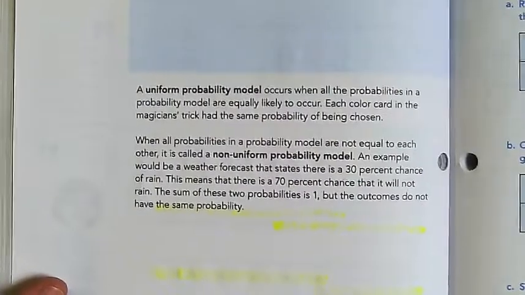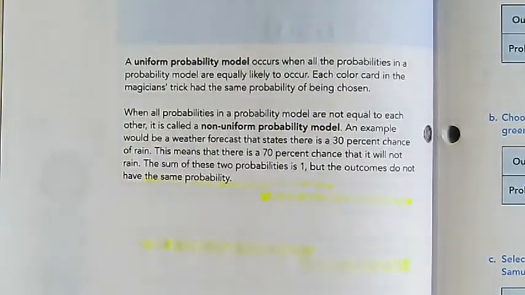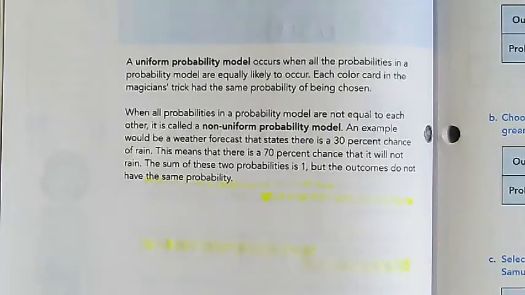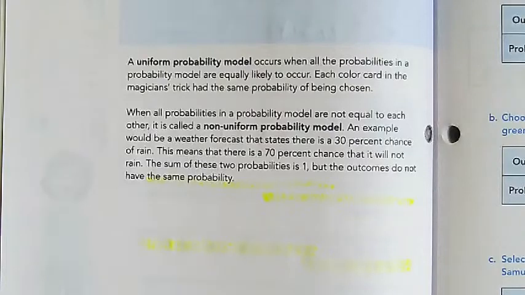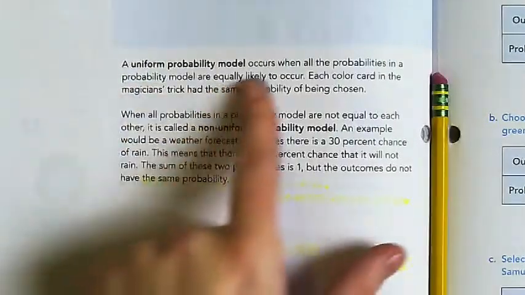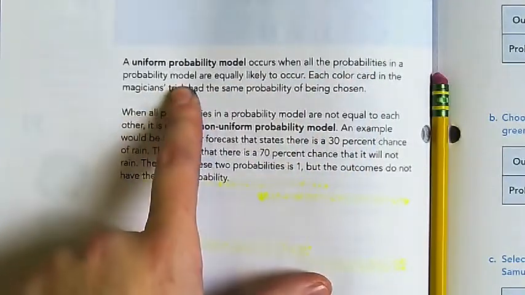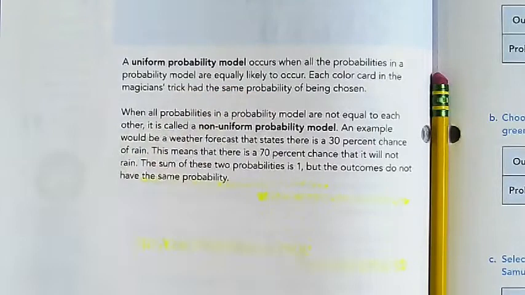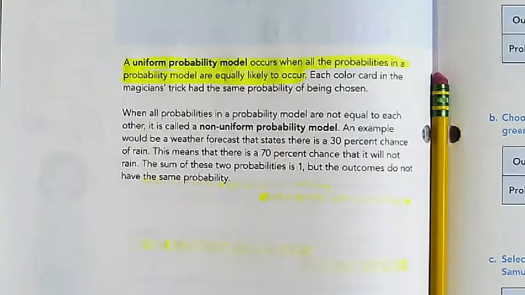We're going to talk about a couple more vocabulary words, and then we will do some practice making the probability tables and using these vocabulary words. A uniform probability model occurs when all the probabilities in a probability model are equally likely to occur. Uniform probability models are when all the probabilities are the same.